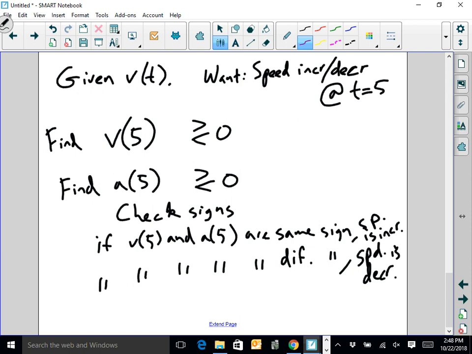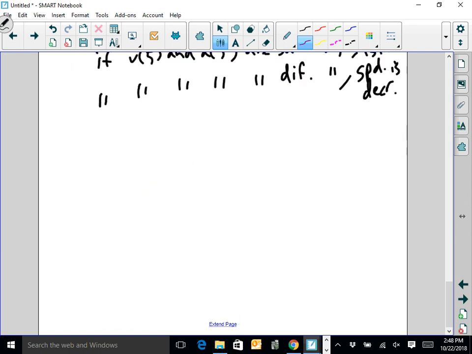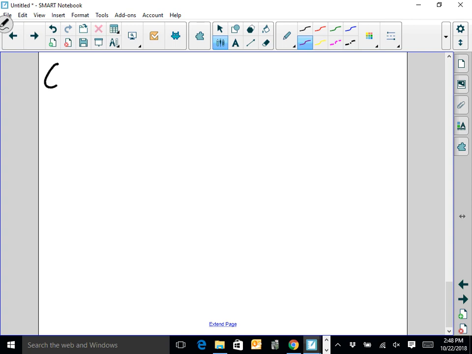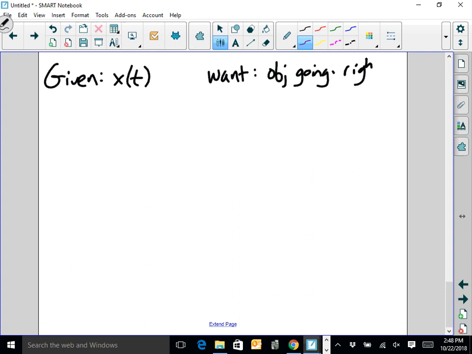Next. Let's say we're given x of t, and I want to know where the object is going right. Well, I need to know an object goes right when its velocity is positive.